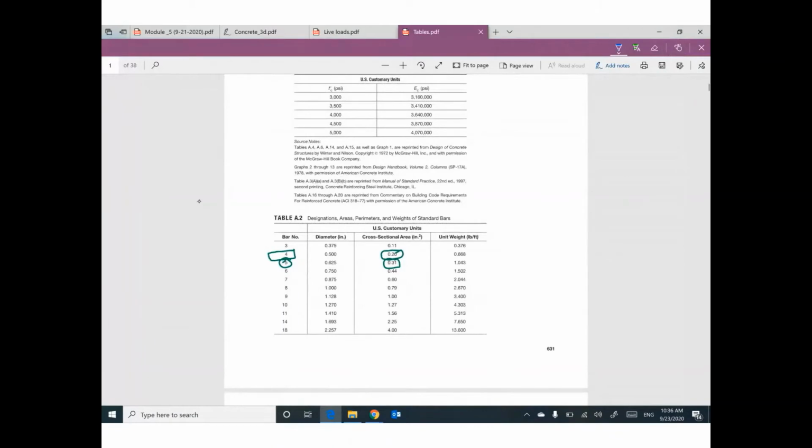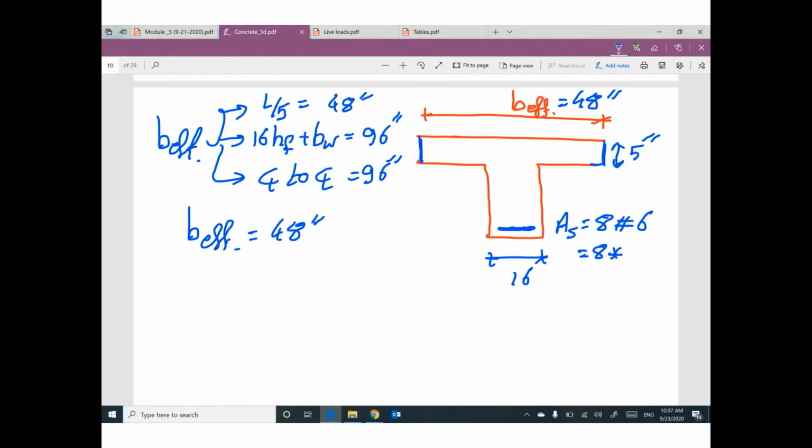What is the area of one bar? 0.44. So I can figure out the value of the area of steel: 8 times 0.44, which is 3.52 inch square.